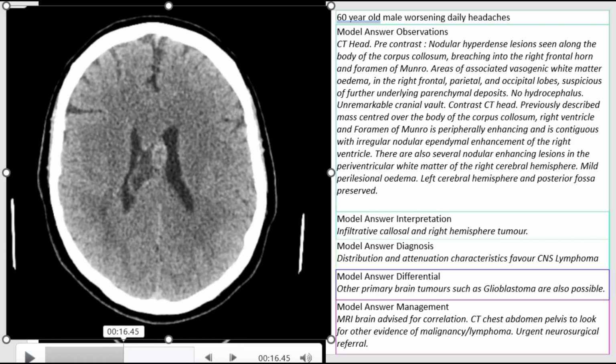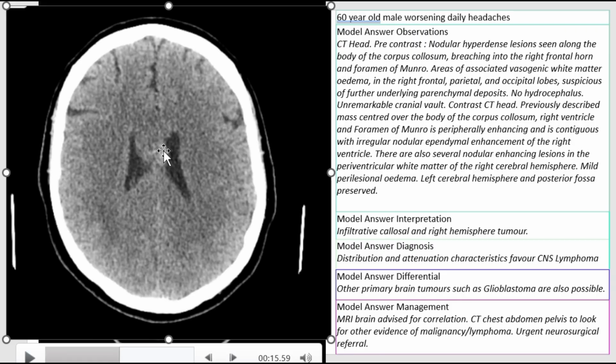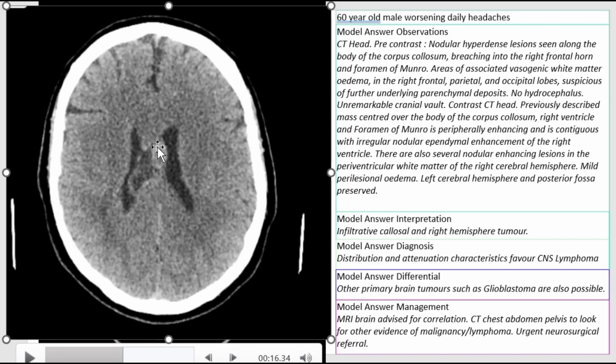Can you see the nodular hyperdense lesions along the body of the corpus callosum? If you go down, nodular hyperdense lesion seen along the body of the corpus callosum.